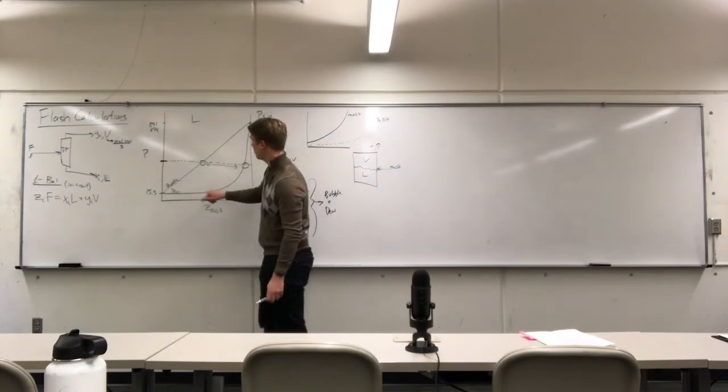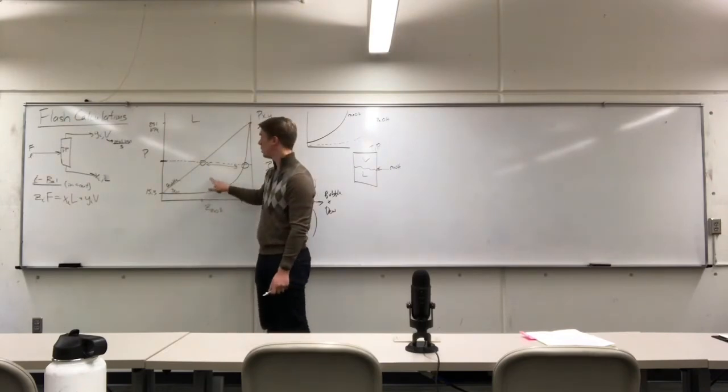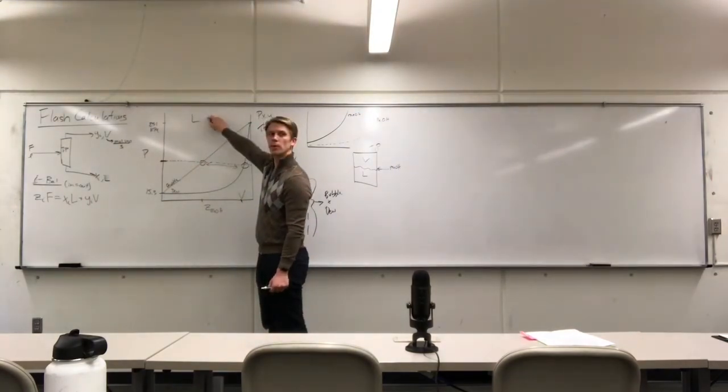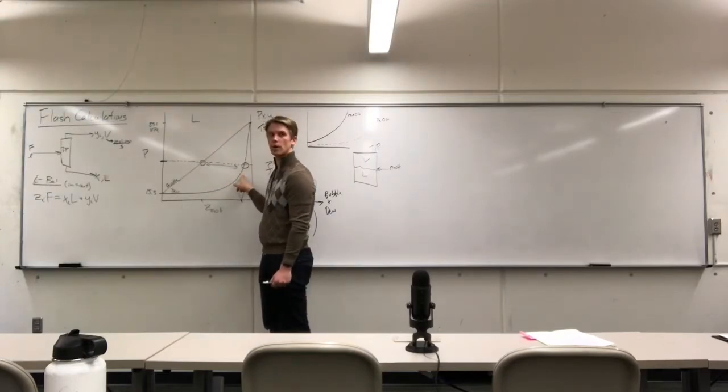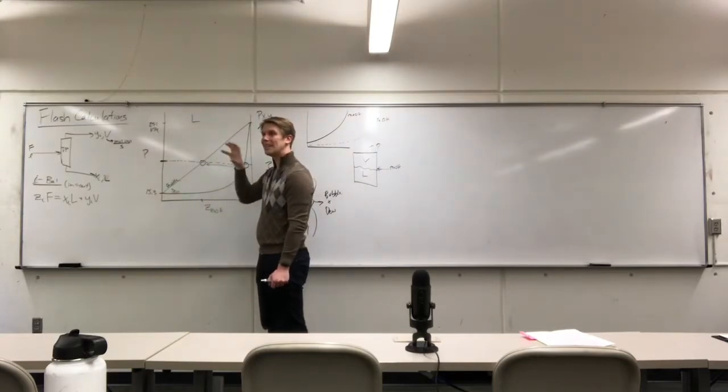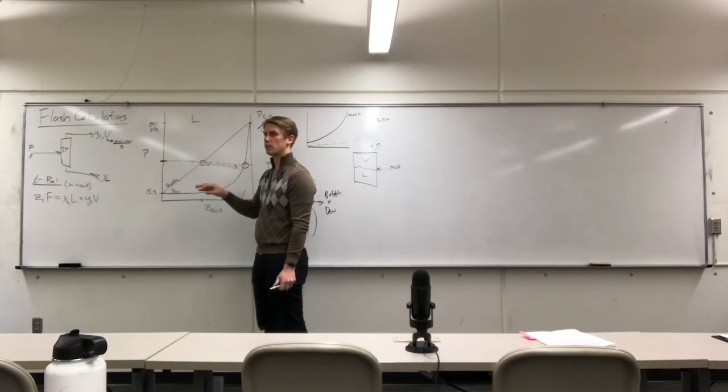The dew calculation is when I have 100% pure vapor. I calculate what the composition of the liquid phase would be. Bubble curve, I have 100% pure liquid, and I calculate what the vapor composition is going to be. That is going to be our strategy to generate these phase diagrams with the least amount of work possible.